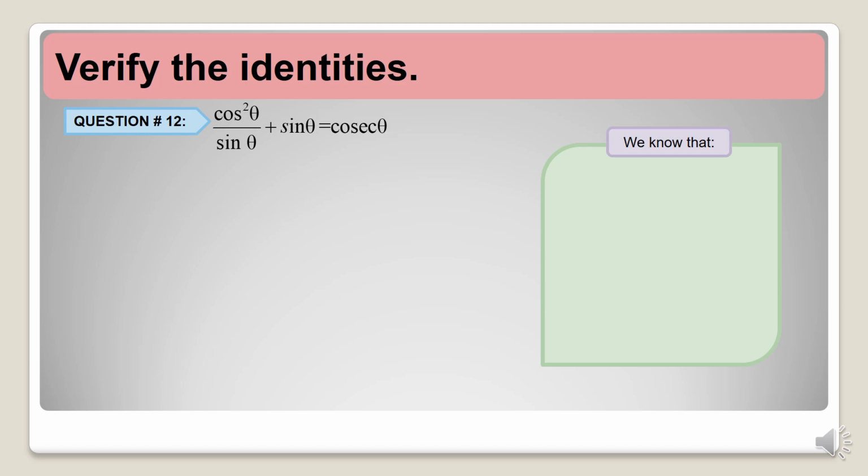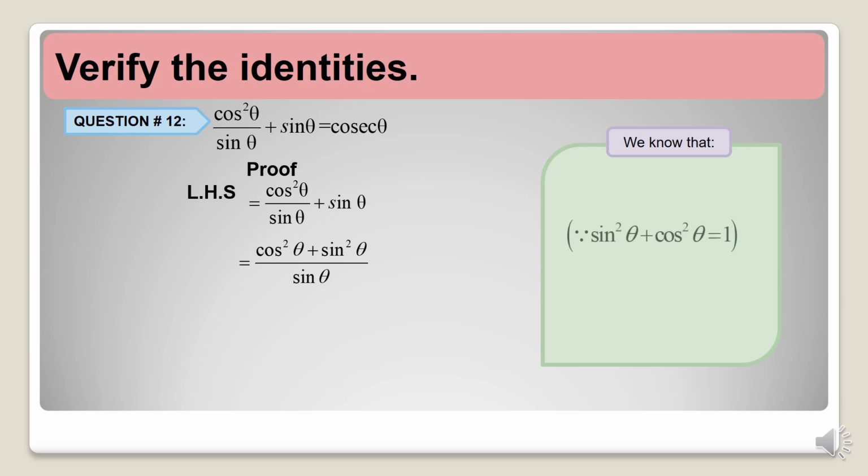Now in question number 12 we have cos square theta over sine theta plus sine theta. We have to prove it equal to cosecant of theta. We will take the left hand side, and we will take the LCM of both values. Sine theta is the LCM of both values. Cos square theta plus sine square theta.